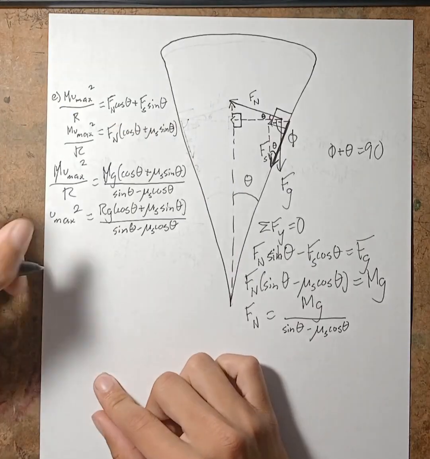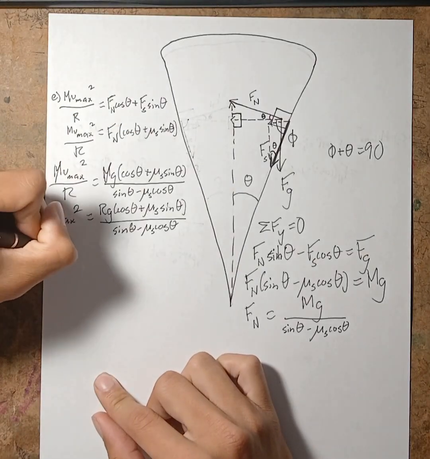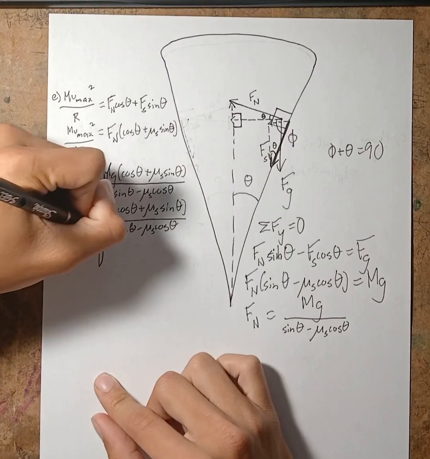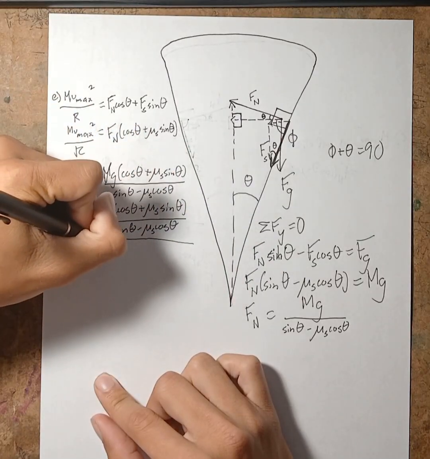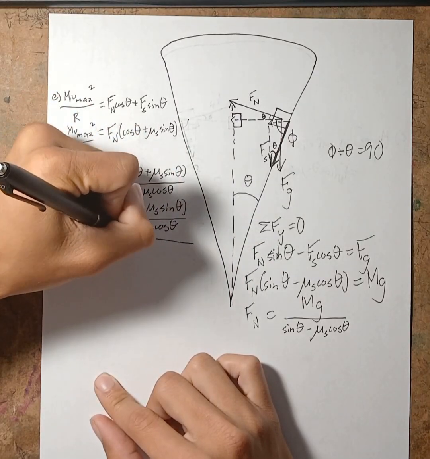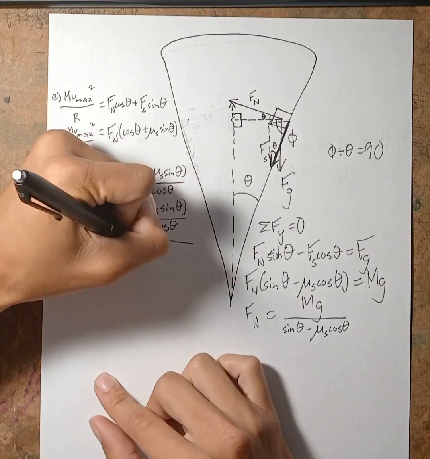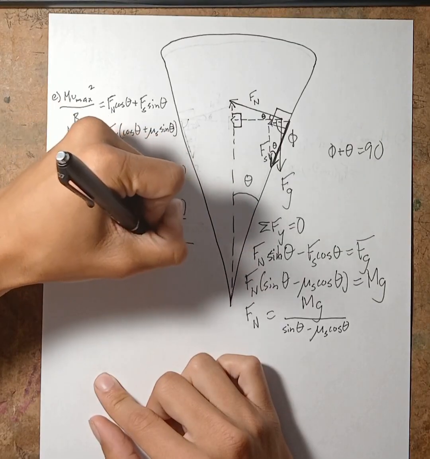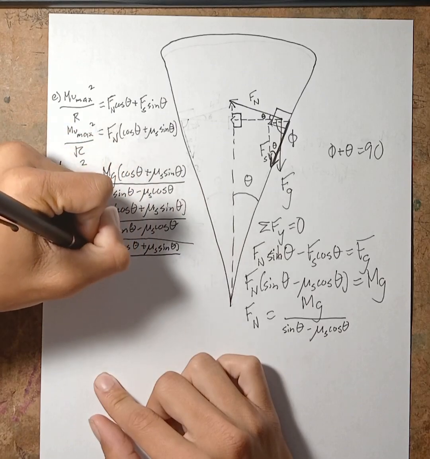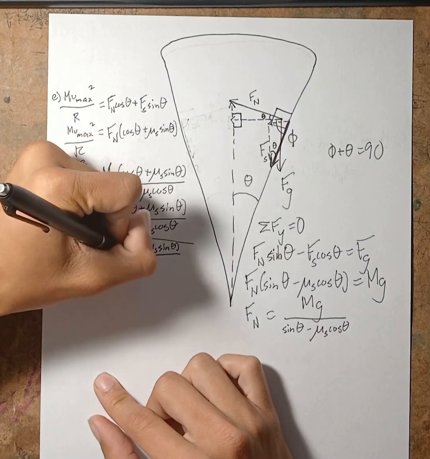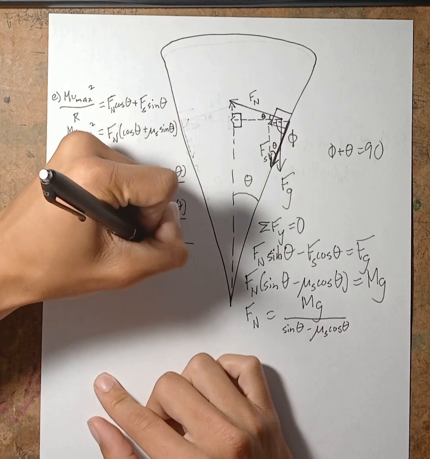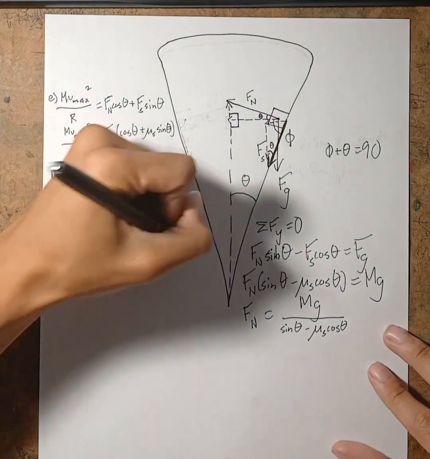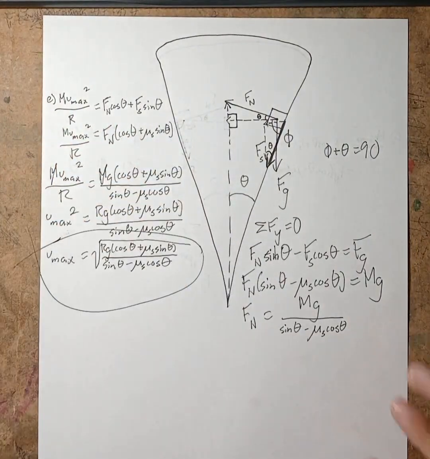And then square root both sides. And that is our equation for Vmax.